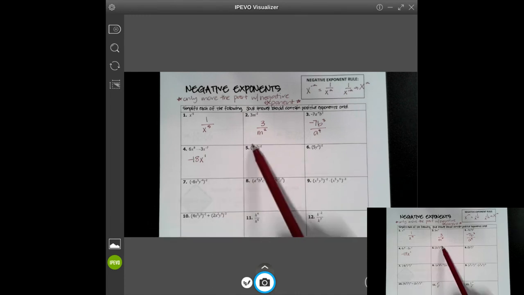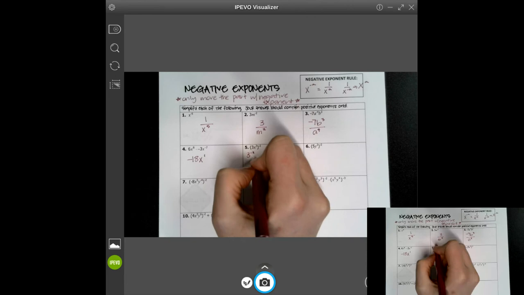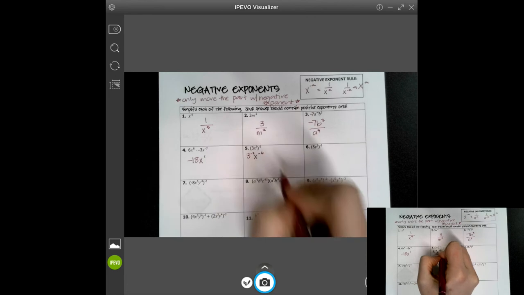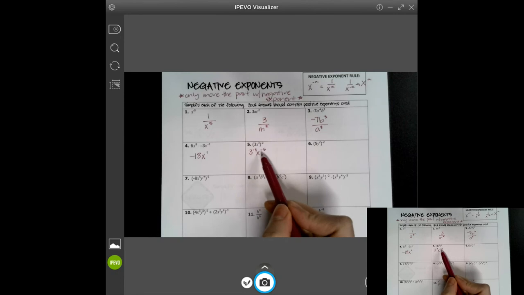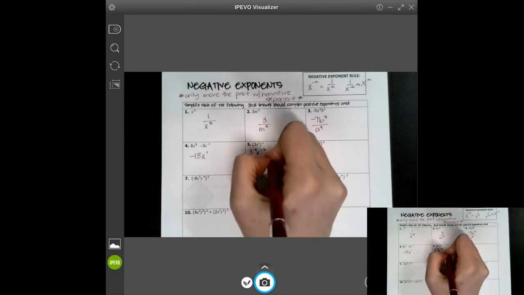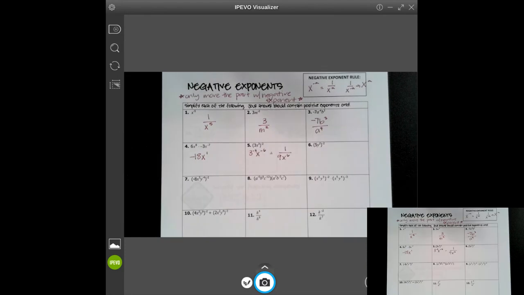This here I've got a power rule because I've got it raised to a power. So I'll distribute to 3 to the negative 2, x to the negative 6. Well, both of these have a negative exponent, so I'm going to move both of them to the bottom and become 1 over 9 x to the 6th.